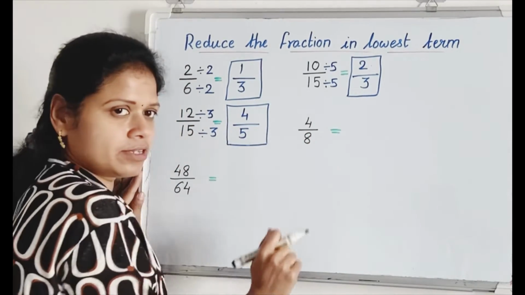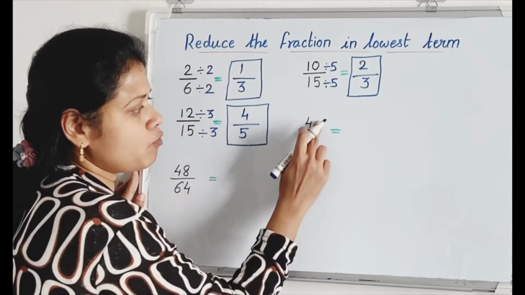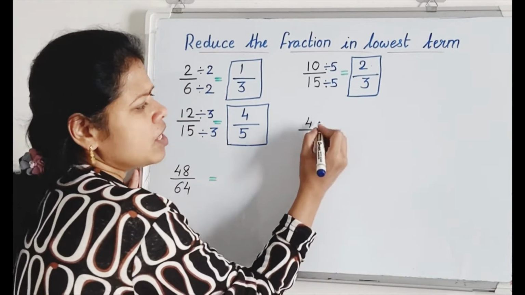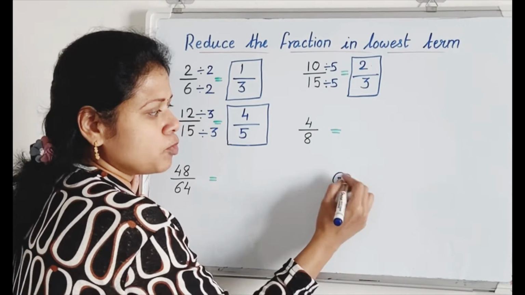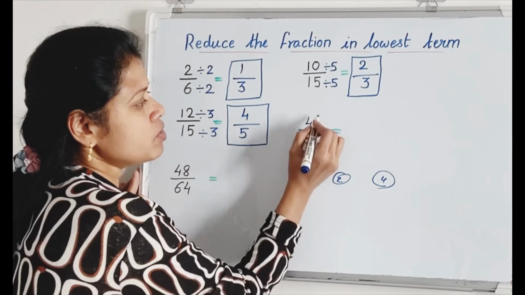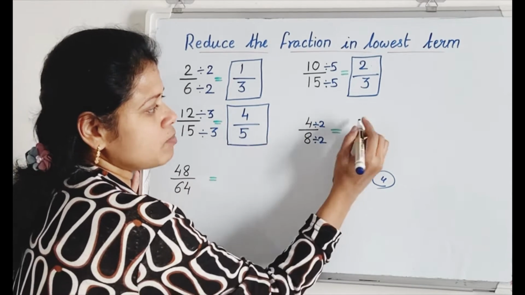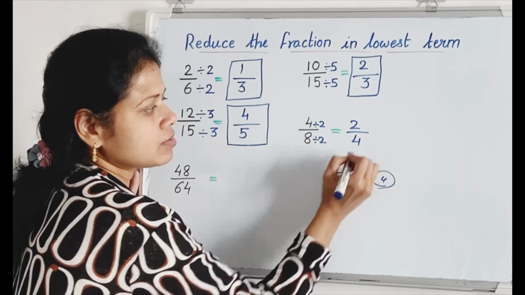Next, 4 by 8. The common factors of 4 and 8 are 2 and 4. 2 is a common factor as well as 4. So first, if you divide by 2, you'll get 2 by 4.